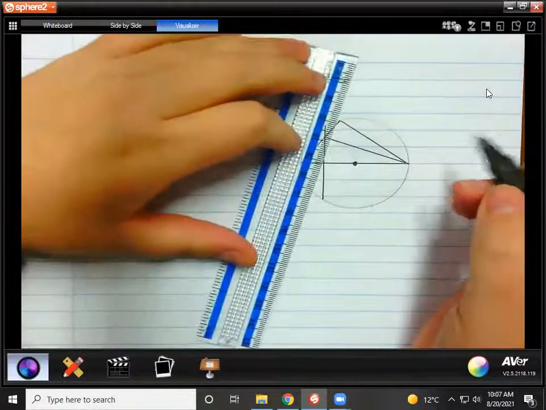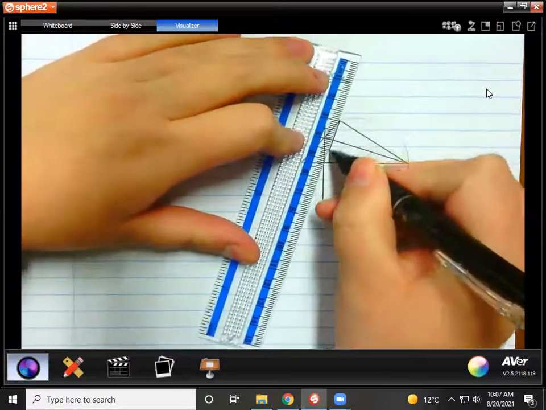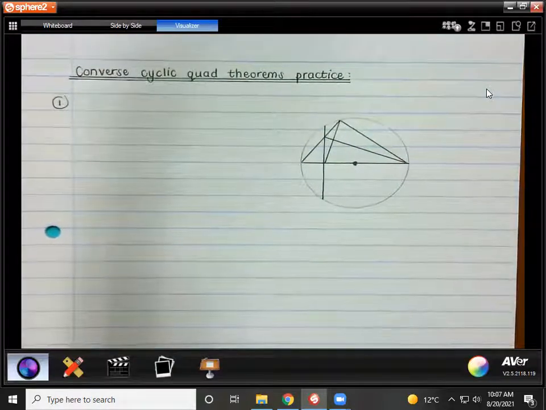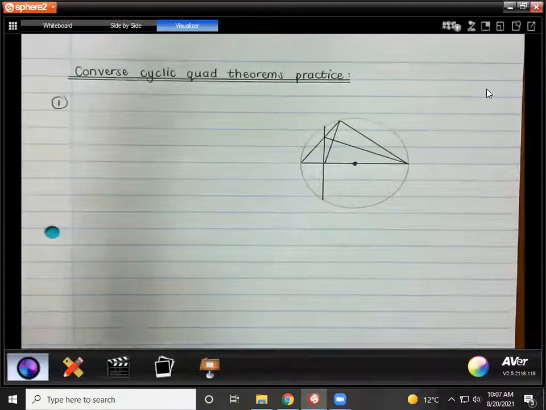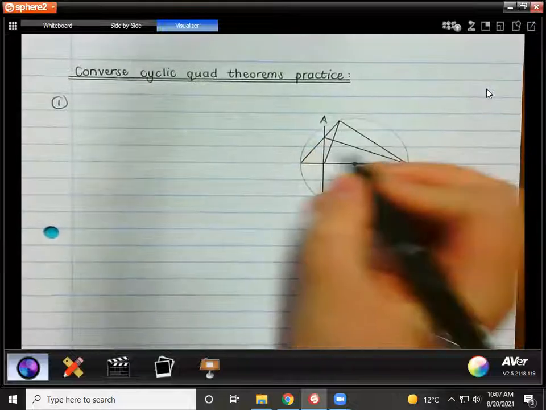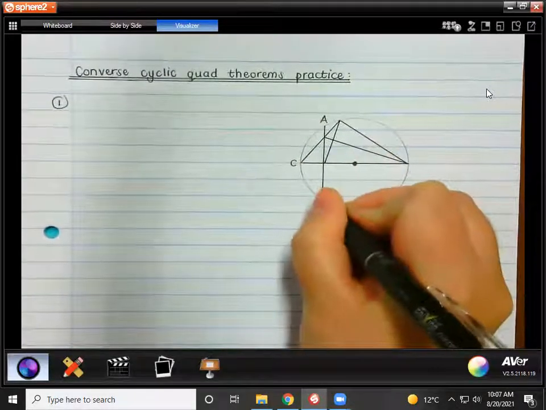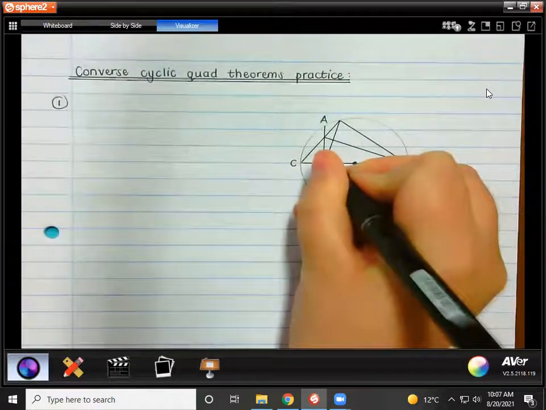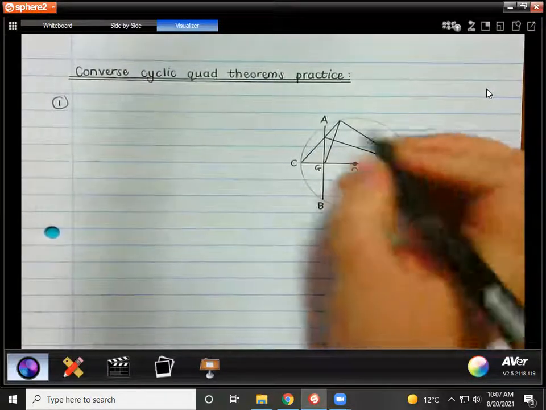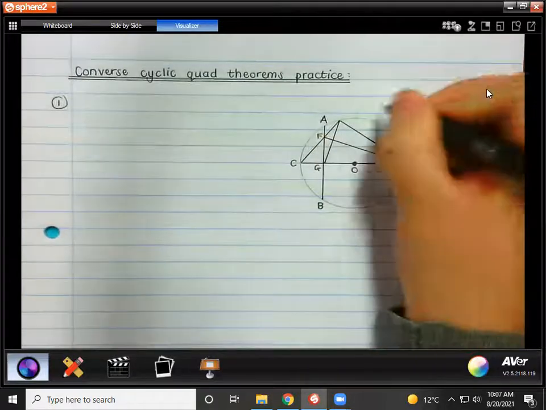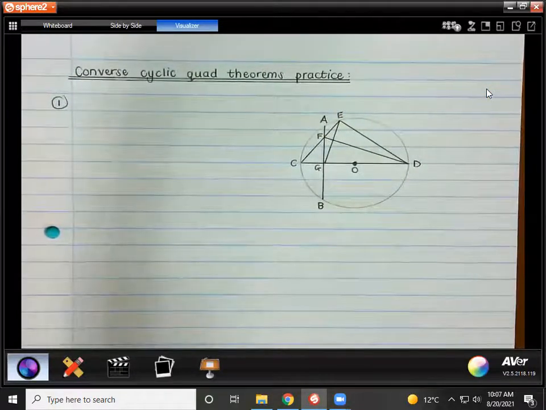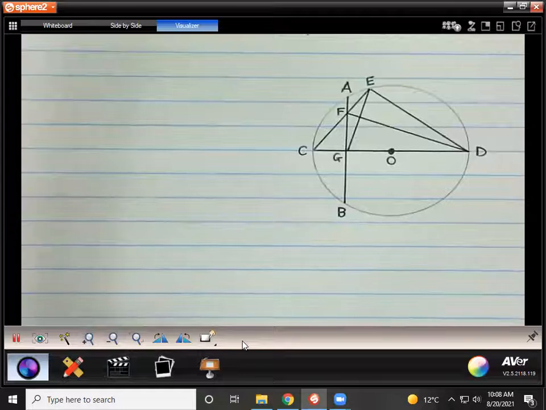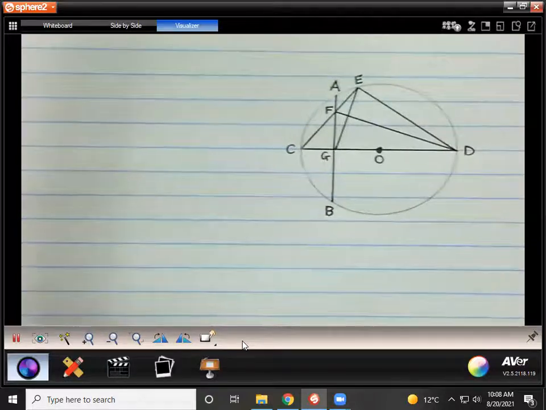The worst is when certain things are supposed to line up and then you've done the whole picture and they don't line up. I'm just zooming in a bit. I'll zoom out when we're done drawing it.